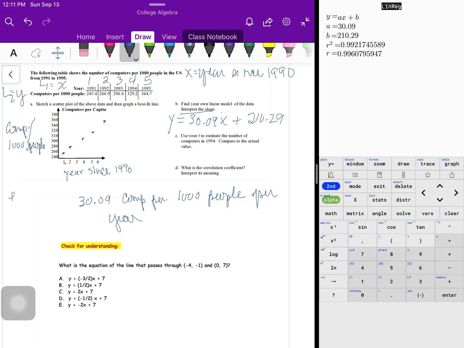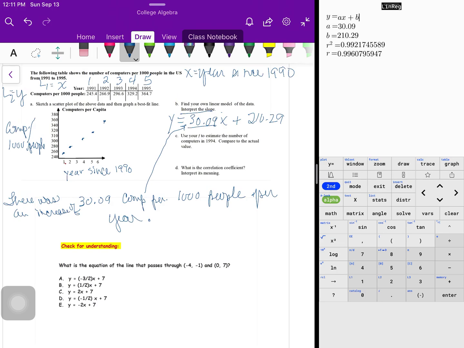So let's make it a sentence. There was an increase of 30.09 computers per 1,000 people per year. That tells us what that slope stands for according to the problem.